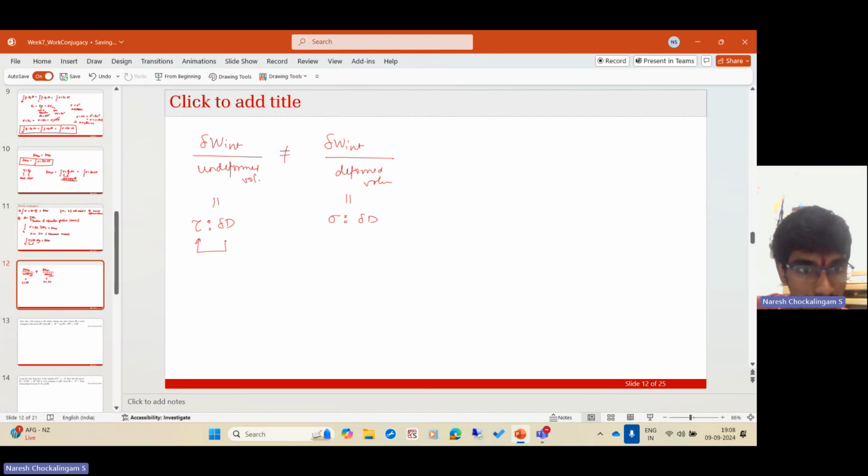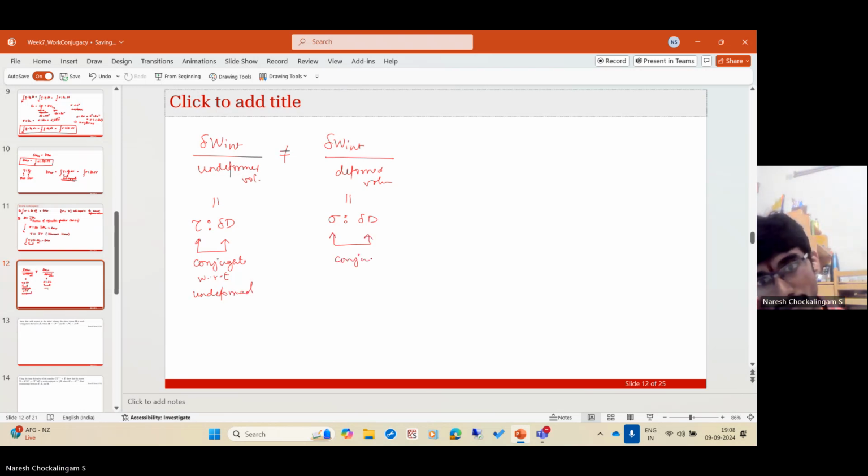So the Kirchhoff stress and the rate of deformation tensor are conjugate with respect to the undeformed volume or the reference configuration, and these two are conjugate with respect to the deformed or the current volume.